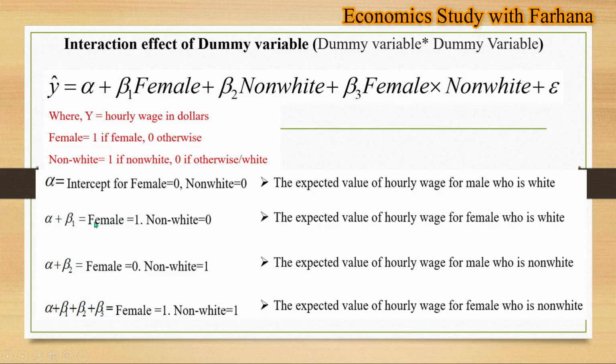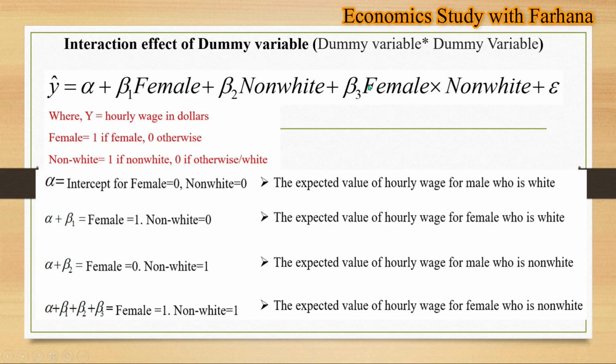So if we substitute these values in the regression model, the intercept term will remain, then beta 1 into 1, plus beta 2 into non-white, which is 0, so beta 2 into 0 equals 0.